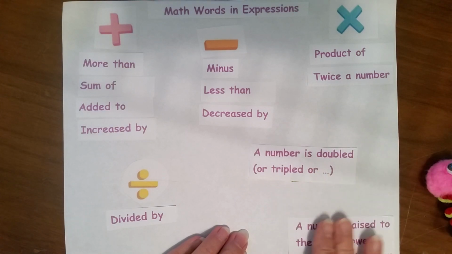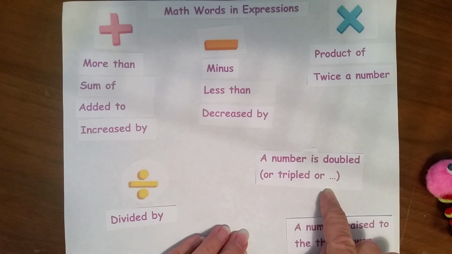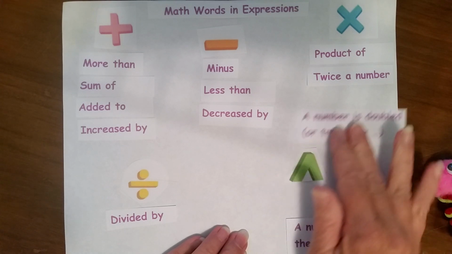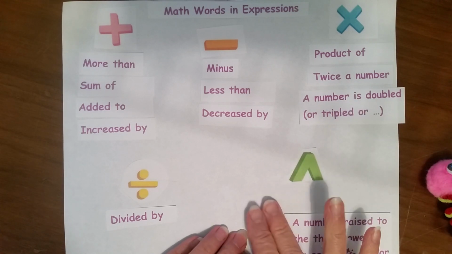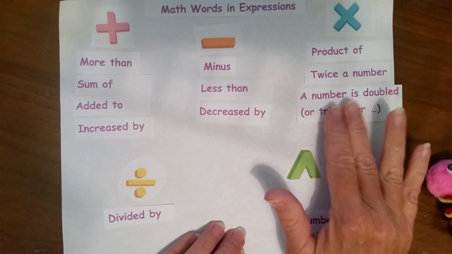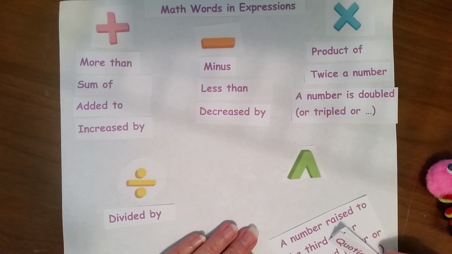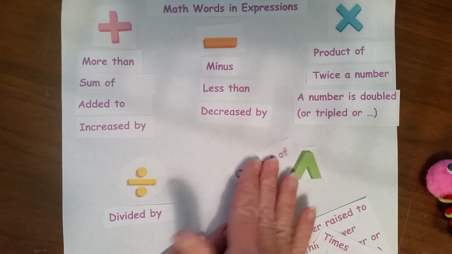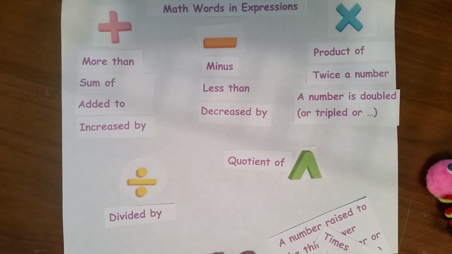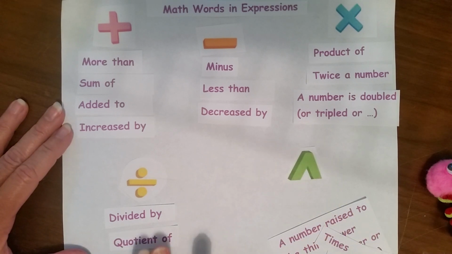How about this one? A number is doubled or tripled or whatever. That's right, that's going to be times. If we double a number, we're taking 2 times that number. Tripling a number, we're taking 3 times that number. Okay, let's look at this one. Quotient of. Okay, you guys have heard this word before. Quotient means divide. The quotient of 2 numbers means divide.